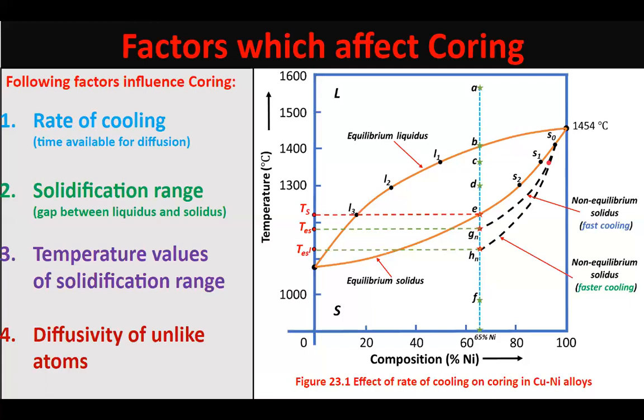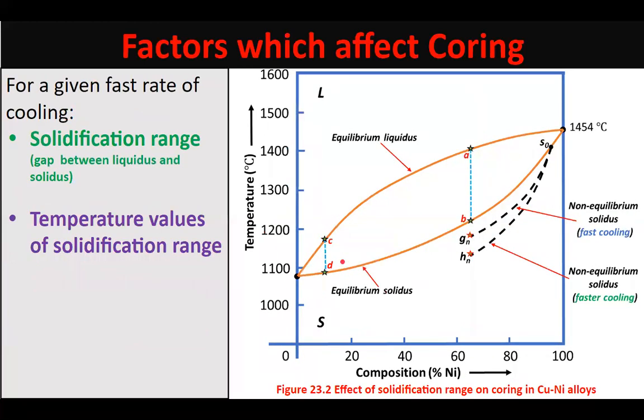So for a given rate of cooling, an alloy with a larger freezing range will have more extent of coring as compared to another alloy with a smaller freezing range. The same I would have written on the next slide.